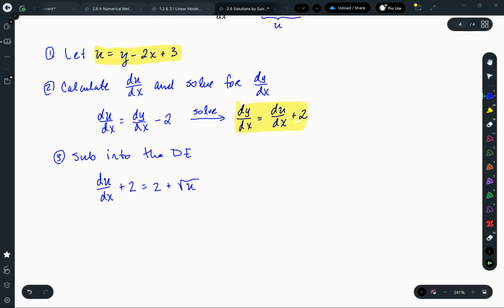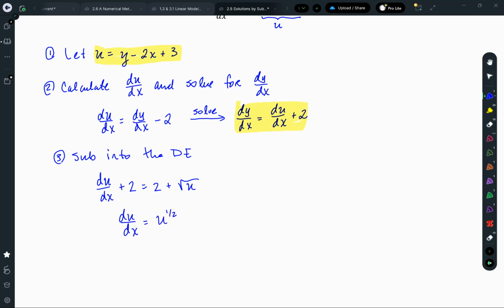The 2's on either side of the equal sign have the same sign, so if I move one over to combine it with the other, they would both go away because I'm subtracting 2. So this simplifies to du dx is equal to u to the 1/2 power.